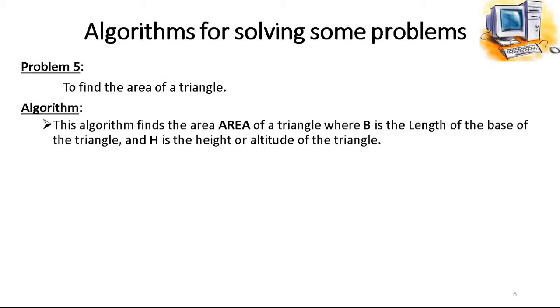So first of all we will get the input values for B and H, and after this we will be able to find the area of the triangle. So the first step will be read B and H, that is the value of base and height. After this we will just set the value of area is equal to B multiplied by H divided by 2, that is the formula for finding the area of a triangle.